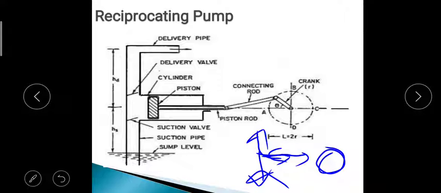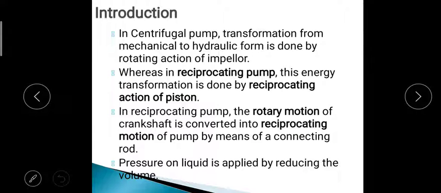Next, as I have told all this in the diagram itself, I'll just repeat it again. In a centrifugal pump, the transformation from mechanical to hydraulic energy takes place because of rotation of the impeller. But in a reciprocating pump, the energy transformation from mechanical to hydraulic is because of purely reciprocating motion of the piston.